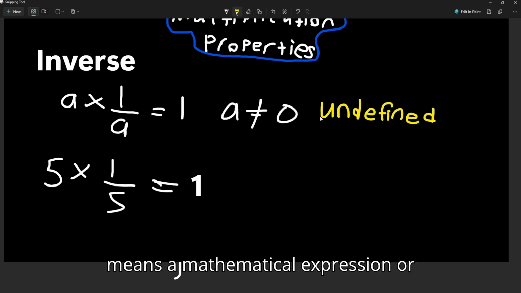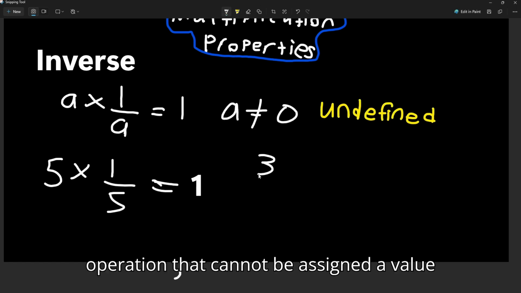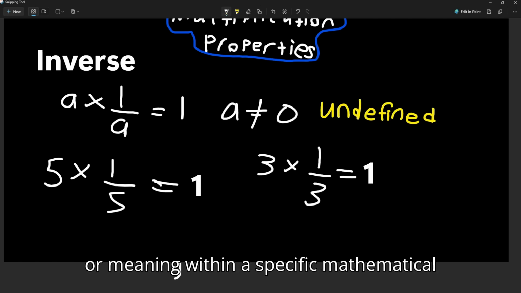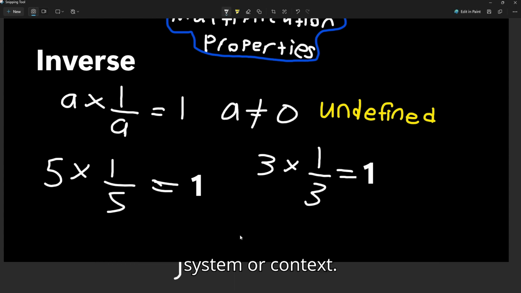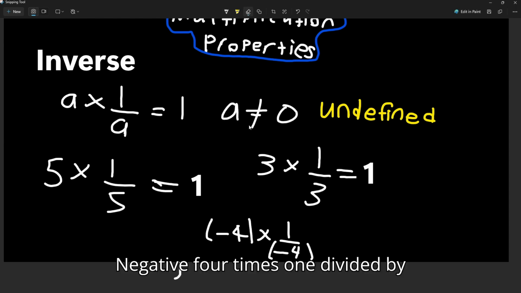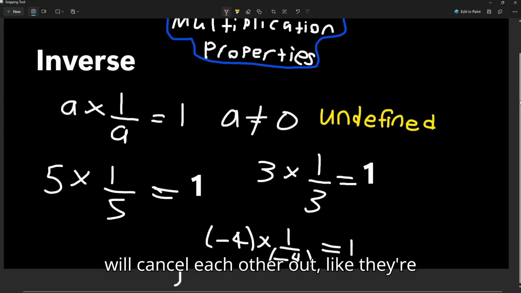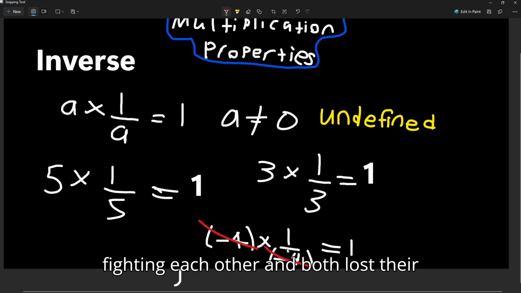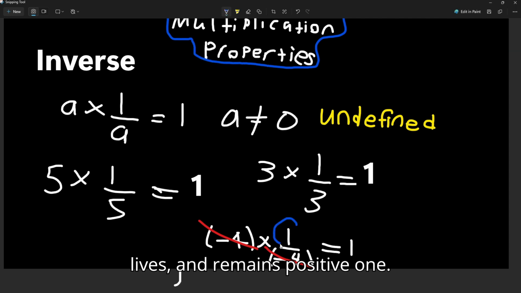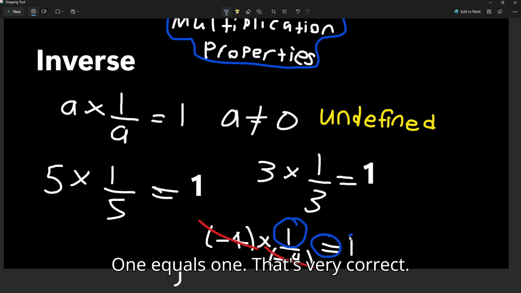Undefined means a mathematical expression or operation that cannot be assigned a value or meaning within a specific mathematical system or context. 3 times 1 divided by 3 is 1. Negative 4 times 1 divided by negative 4, the two negative 4s will cancel each other out, like they're fighting each other and both lost their lives, and remains positive 1 equals 1, that's very correct.